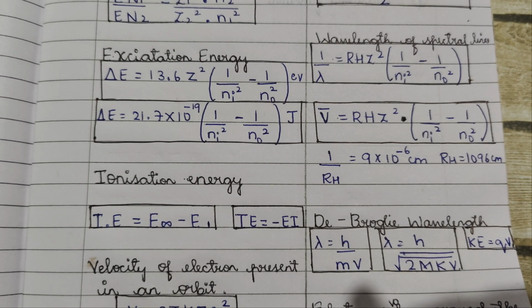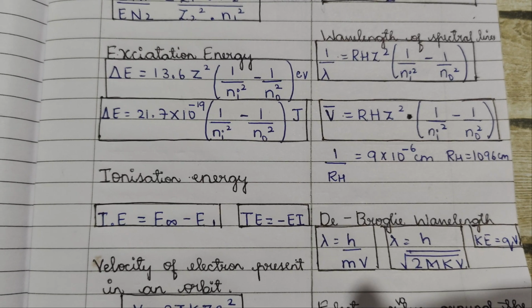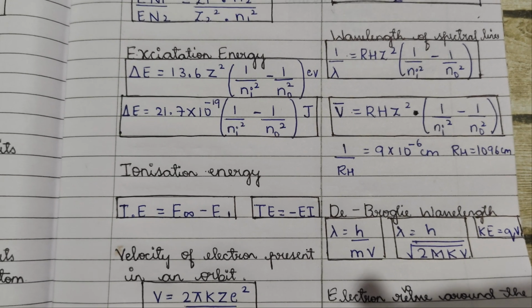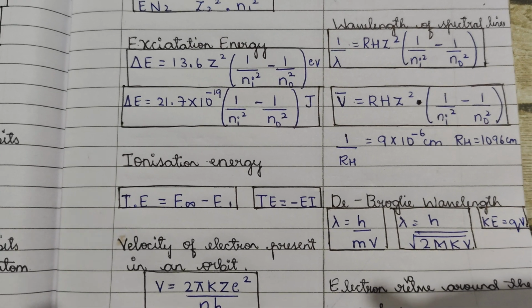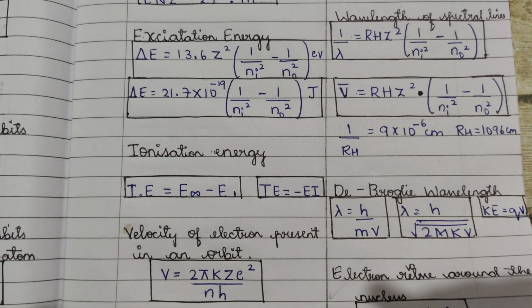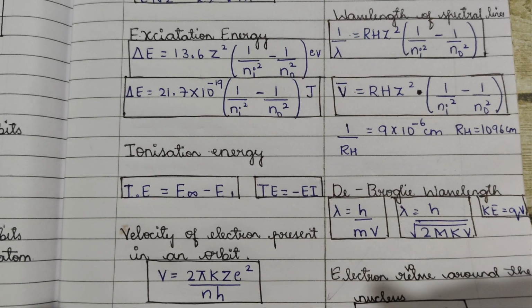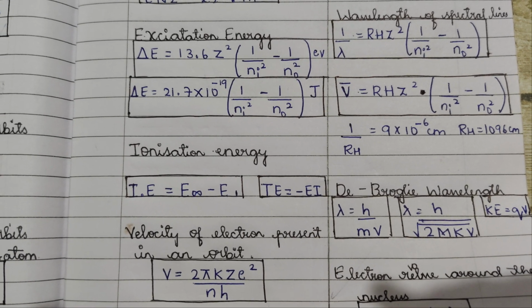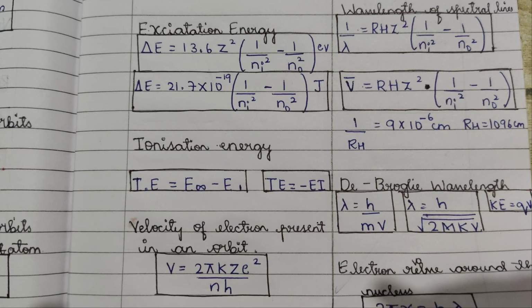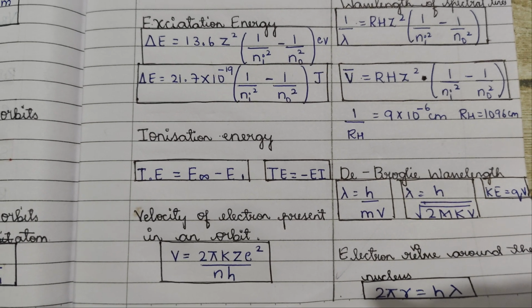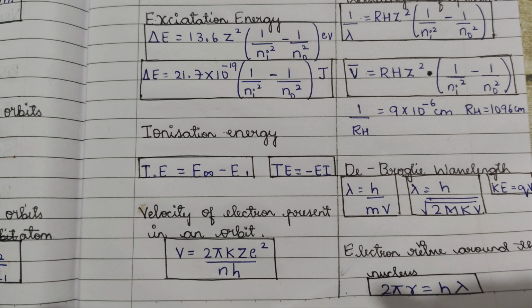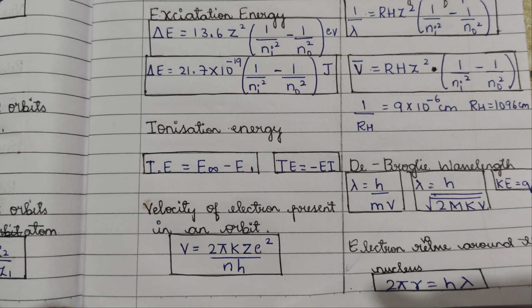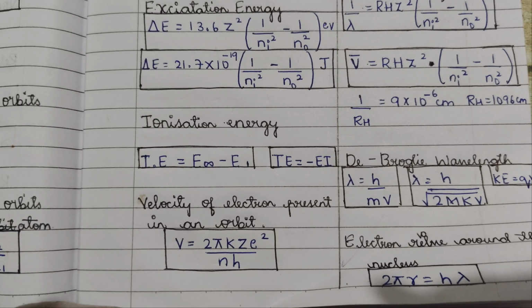Wavelength of spectral line: 1 by lambda is equal to RH z square into 1 by n1 square minus 1 by n2 square. Nu bar is equal to RH z square into 1 by n1 square minus 1 by n2 square. 1 by RH value is 9 into 10 power minus 6 centimeter, where RH value is 109678 per centimeter.